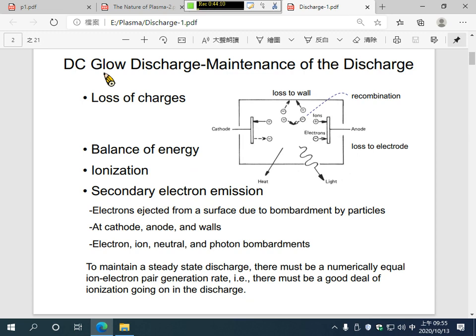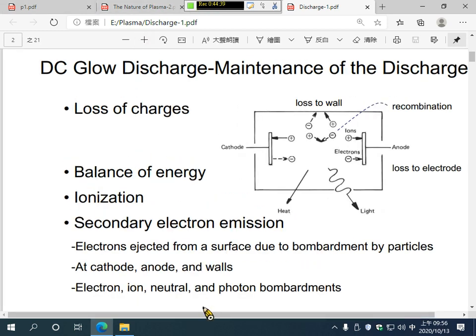So in the previous chapter, we focused on the generation of plasma, the generation process. Okay, and the first slide in this chapter focuses on the loss of charge in a plasma system. So there are several loss processes.